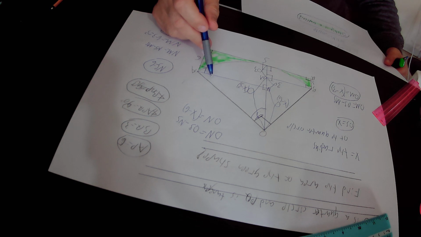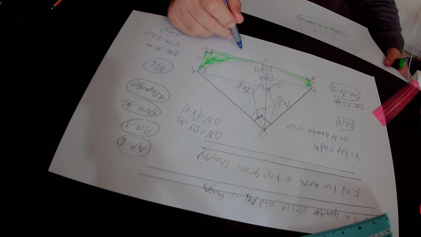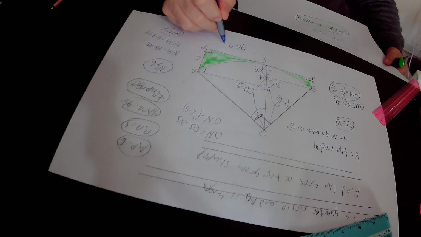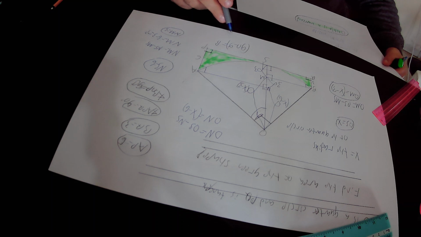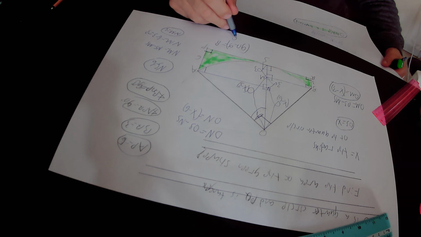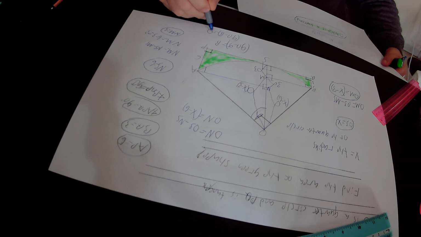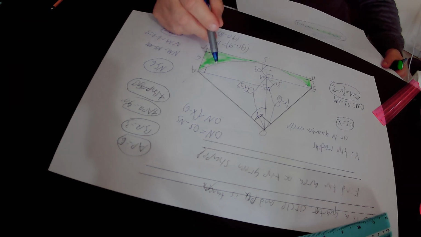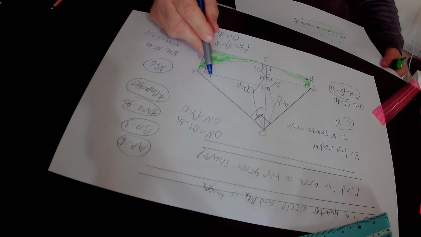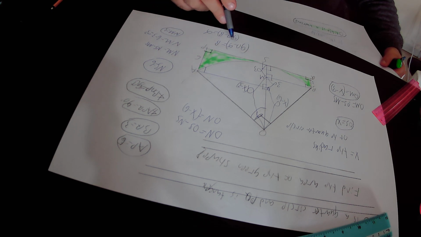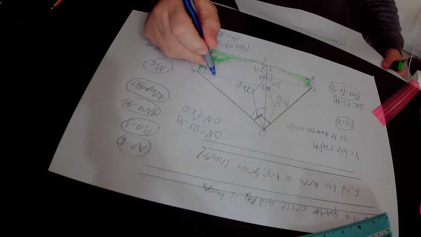We will define that 90 degrees minus alpha equals beta. If 90 degrees minus alpha equals beta, it means that 90 degrees minus beta equals alpha. So the missing angle here equals 90 degrees minus alpha, and 90 degrees minus alpha equals beta according to our definition. So the missing angle here equals beta.